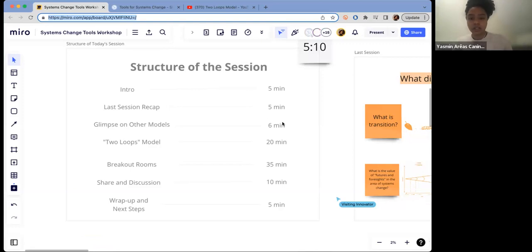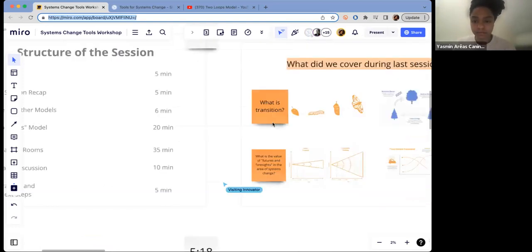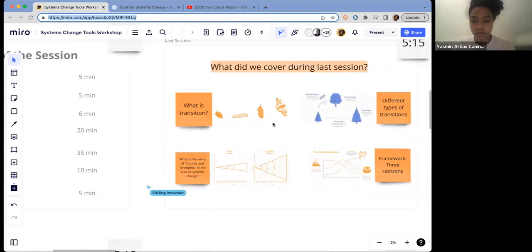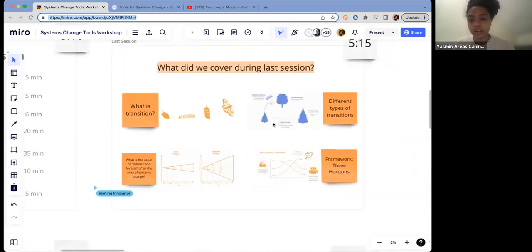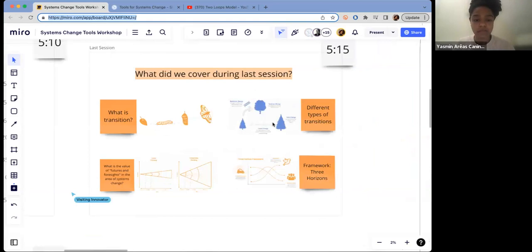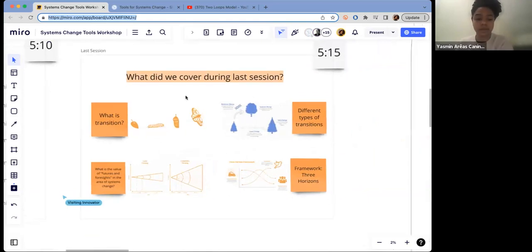Okay, so on our last session, here are the 4 main topics that we covered last Wednesday. The first thing that we talked about was this idea of transition. So what is transition? What is change? And what are some of the characteristics that we identified last time?